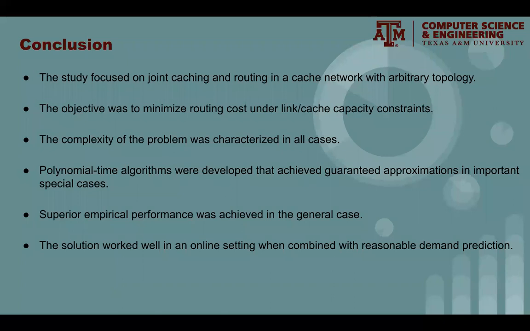Polynomial time algorithms were developed that achieved guaranteed approximations in important special cases. They also achieved superior empirical performance in the general case. And at the end, the solution worked well in an online simulation setting when combined with reasonable demand prediction.